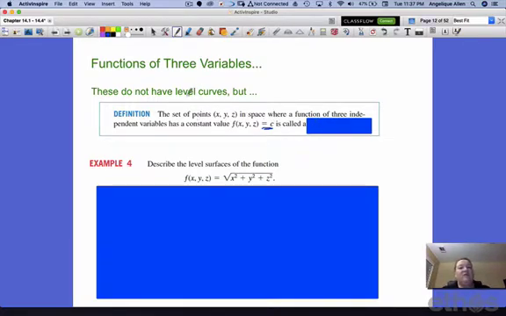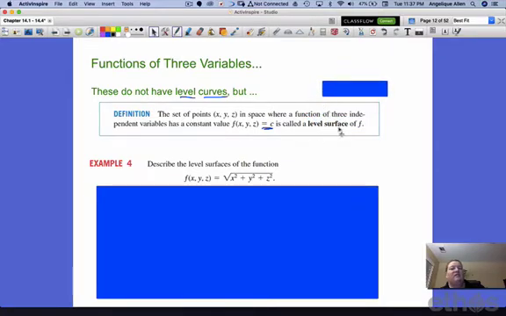You don't have level curves for a function that is essentially 4-dimensional. You can't draw it 4-dimensional, but this is the best you can do drawing a 4-dimensional object, is to draw a set of level surfaces. Okay, so 3-dimensional surfaces, that is what you render a 4-dimensional curve down into in order to be able to render it in any sort of way visually.